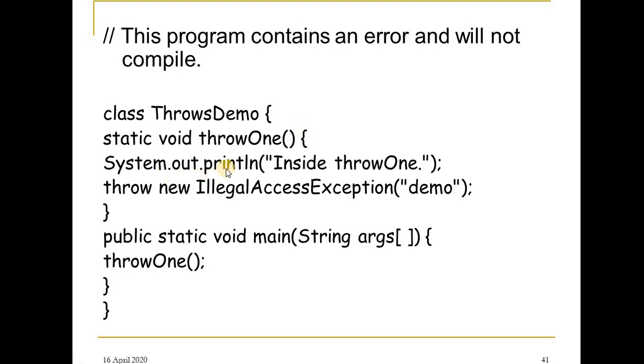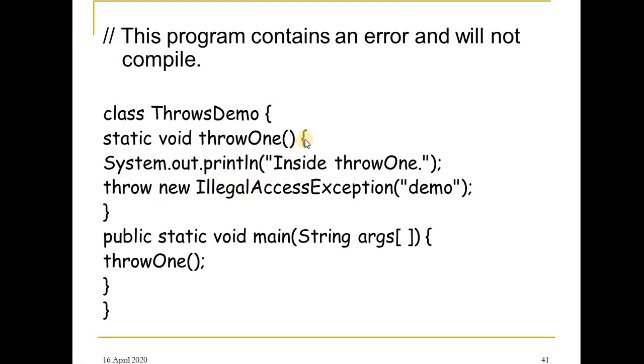In that method, we display a message and throw an exception object: throw new IllegalAccessException, and the string passed to IllegalAccessException is demo. The new operator will generate a new exception object of type IllegalAccessException, and it will throw it.